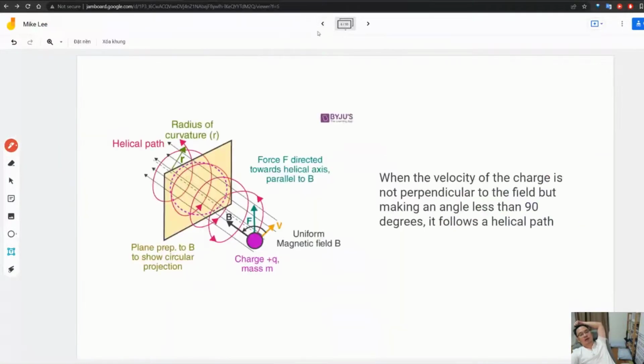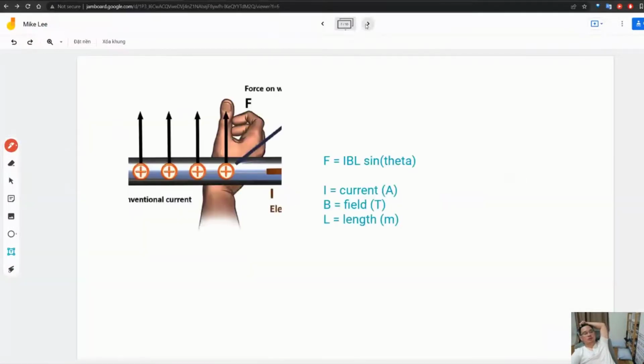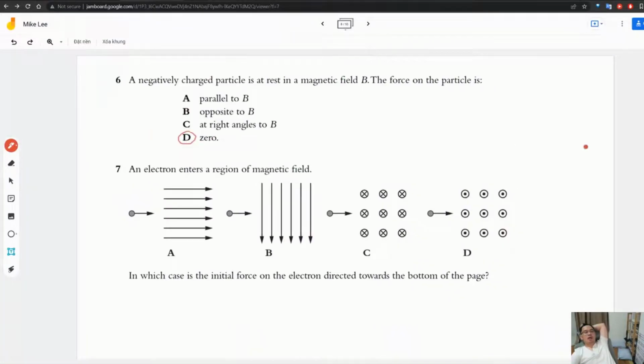This is the theory that I have just mentioned. When the charge does not move in the field, there's no magnetic force. You can also use the equation F equals QvB. Velocity v is 0, stationary, and therefore the force will be 0.